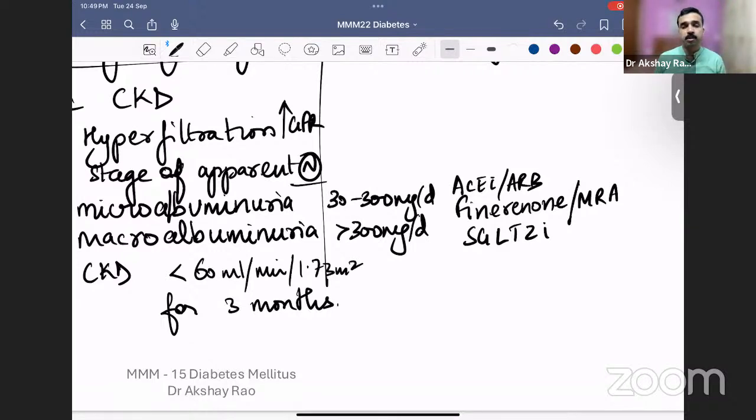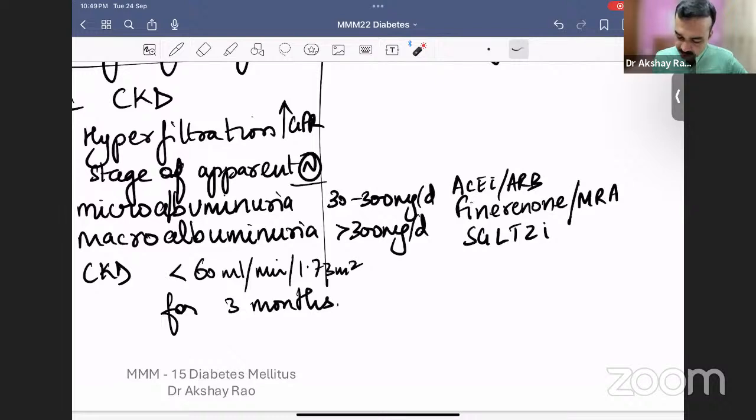These can be used to prevent progression of microalbuminuria to macroalbuminuria. Please allow me to use these terms, because saying moderately increased albumin excretion, four words, is not so easy, and repeatedly using those four words is not so easy. That's why I'm just using one word, microalbuminuria. But the meaning is the same, 30 to 300, more than 300.